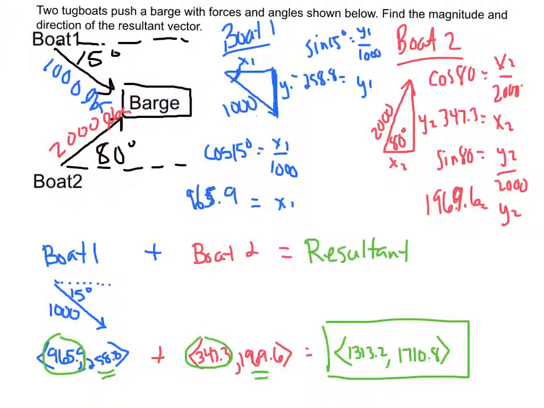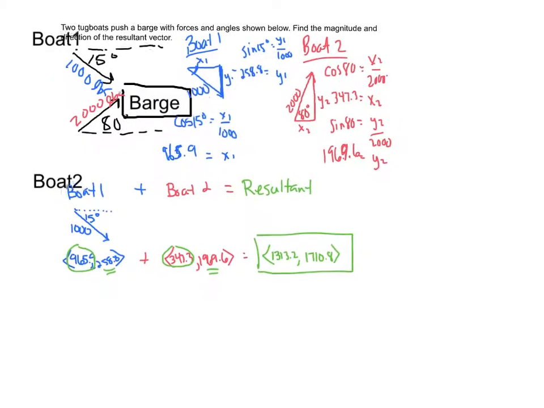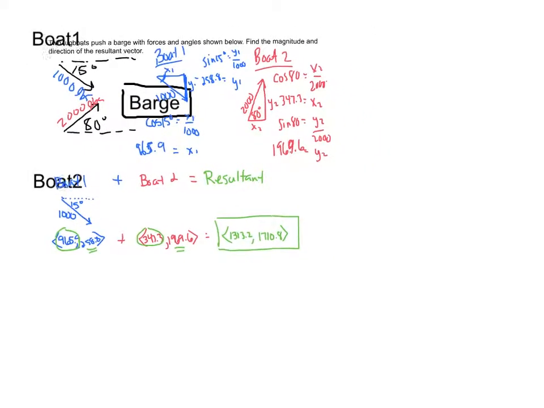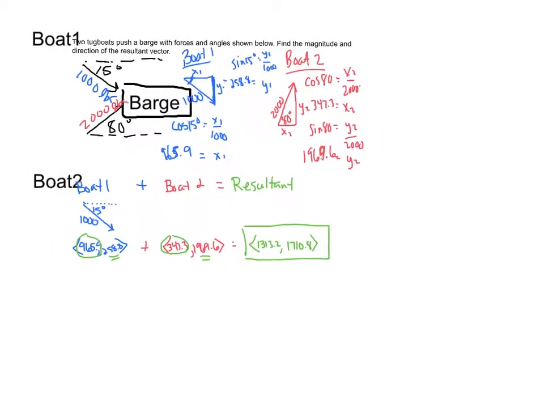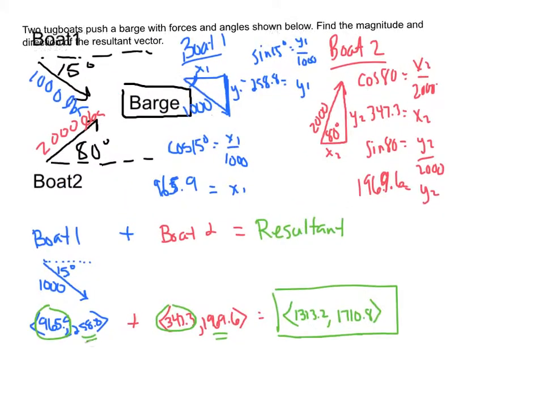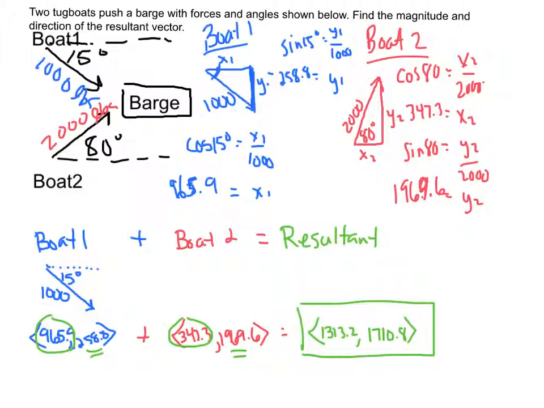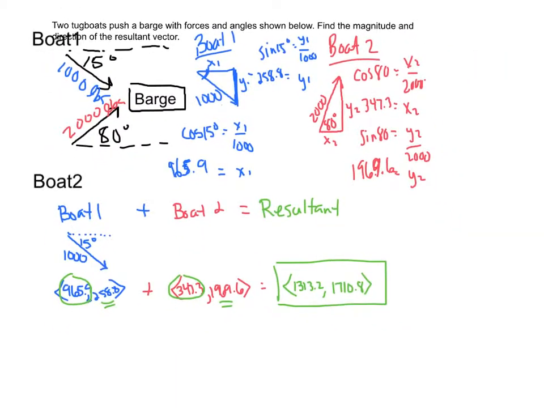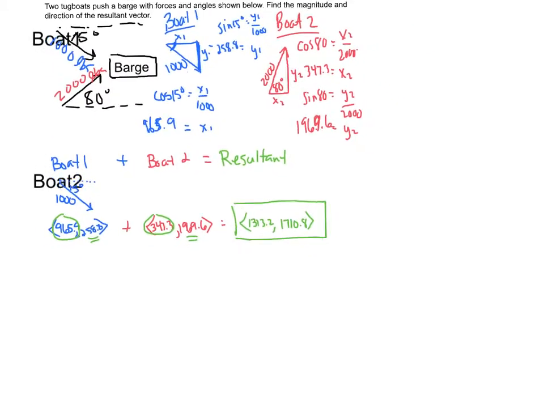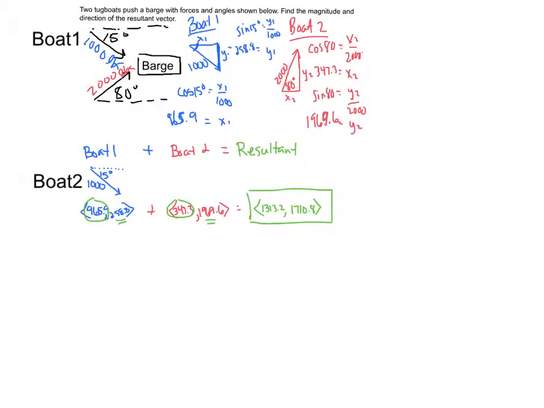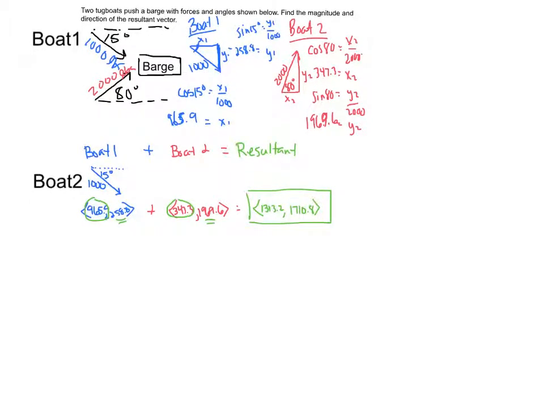So now we need to find the magnitude and direction. Whoa, my barge and boat things didn't connect with those. Let's see if I can do that here. Well, there the barge stuck with it. We'll just kind of ignore the boats for a minute. So I want to find the magnitude and direction.